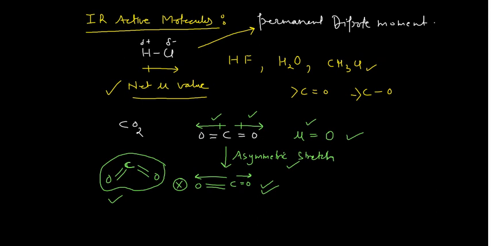Now, if you have understood these things completely, then we can move further. How we get the IR spectrum, and why we select the harmonic oscillator, all these things I am now going to discuss.